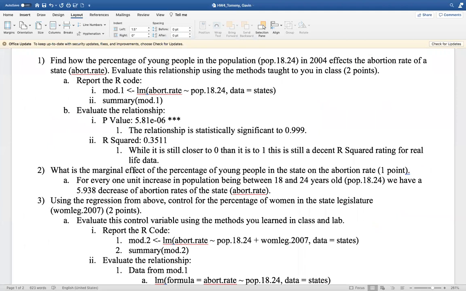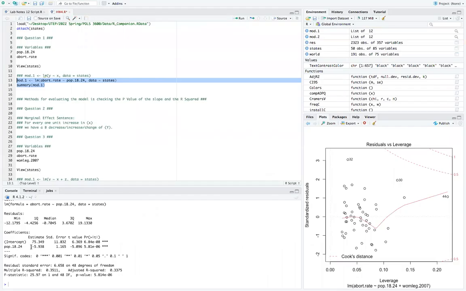When you write it out, here is what it is. For every 1 unit of increase in population being between 18 and 24 years old, we have a 5.938 decrease of abortion rates of the state. The reason why this is a decrease is because if we look here, it is a negative number.